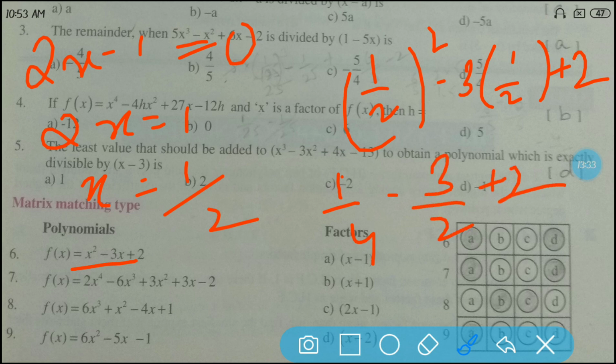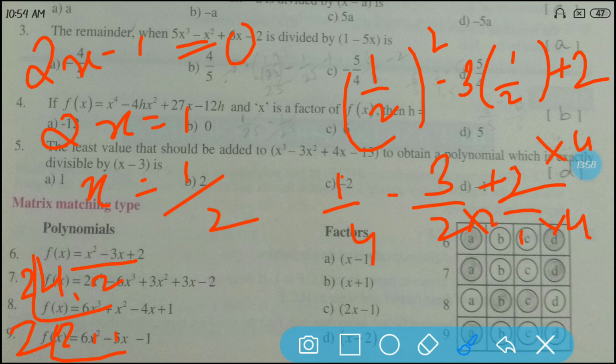Minus 3 by 2 plus 2. Now here 2 by 1 will be there. Now find the LCM for that. 4, 2, 2, 4, 2 2s are 4 and 2 1s are 2. So 4 is the LCM. 2 into 2, 2 into here 4 only will come.